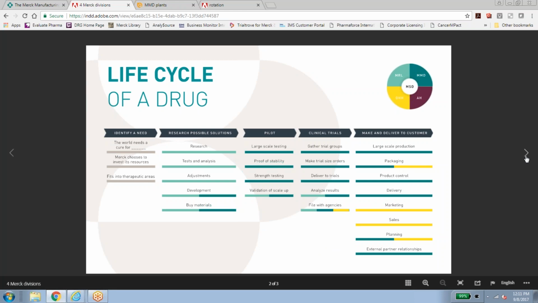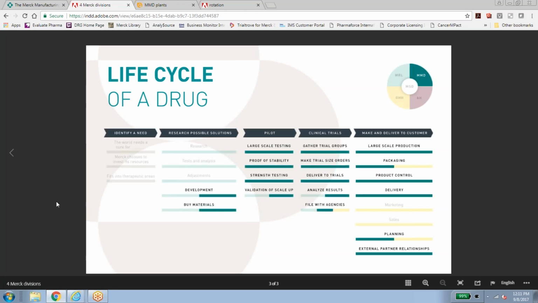And this next graphic will give you a little bit of a better sense of where the Merck Manufacturing Division specifically gets involved. And I think what I love about this is the visibility to how early MMD actually does get involved in the life cycle of a product. We aren't just in this make section of the process.